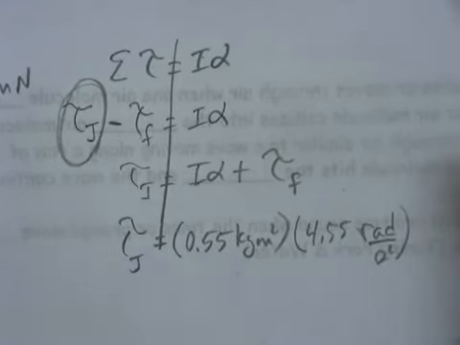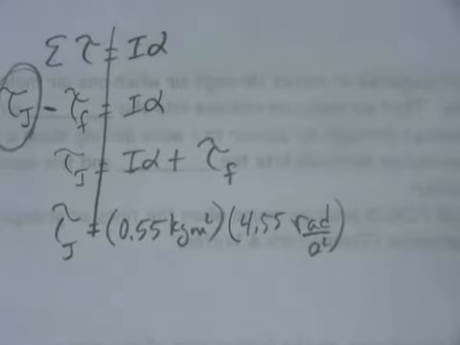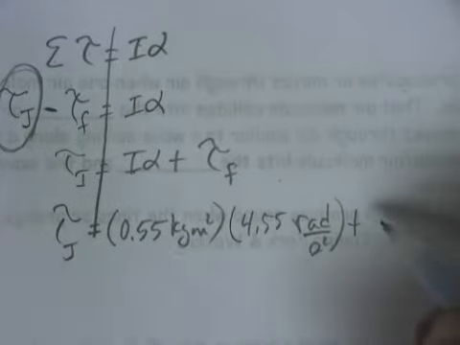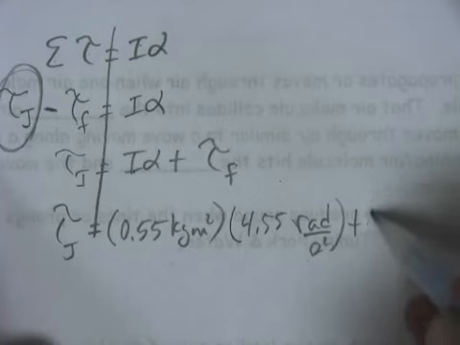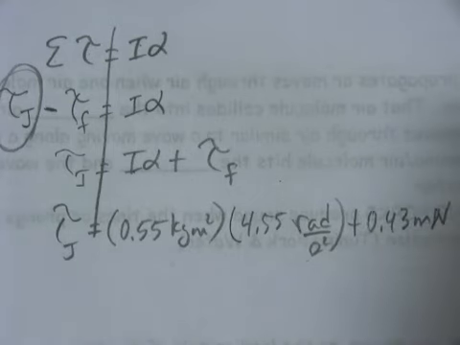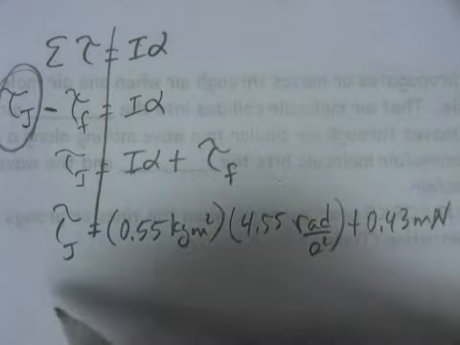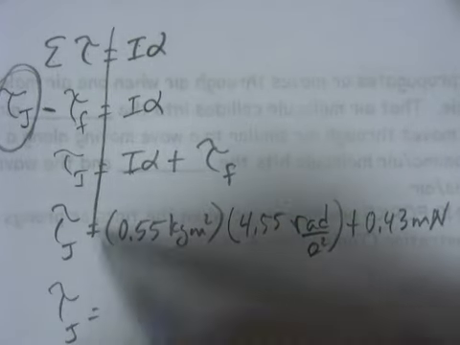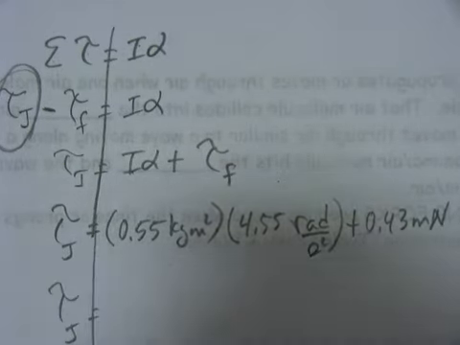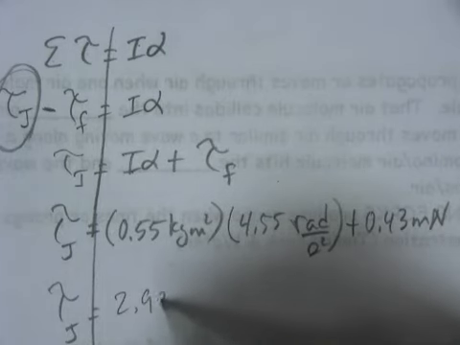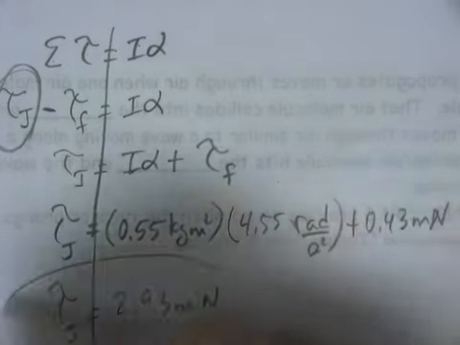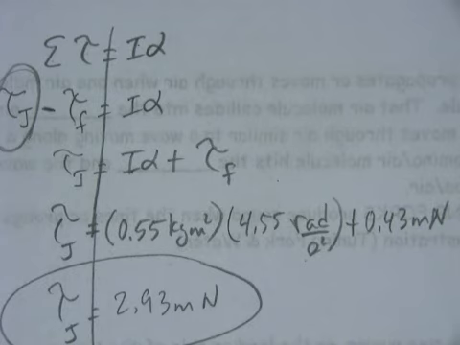We don't have to do the conversion, because remember, we want to have radians when we're plugging this stuff in, plus the torque exerted by friction, which is 0.43 meter newtons. And if you plug all that into your calculator, you should get 2.93 meter newtons. And there it is. That's all you asked for, so that's all you get.